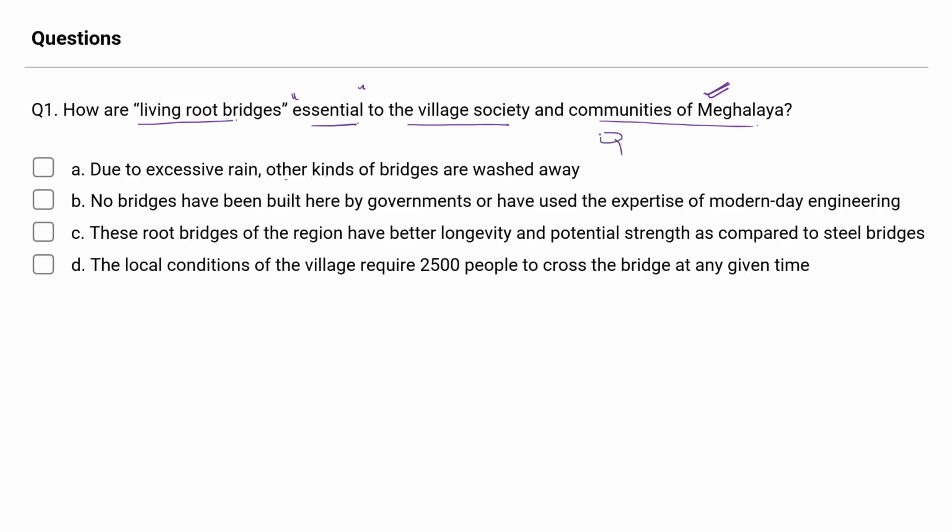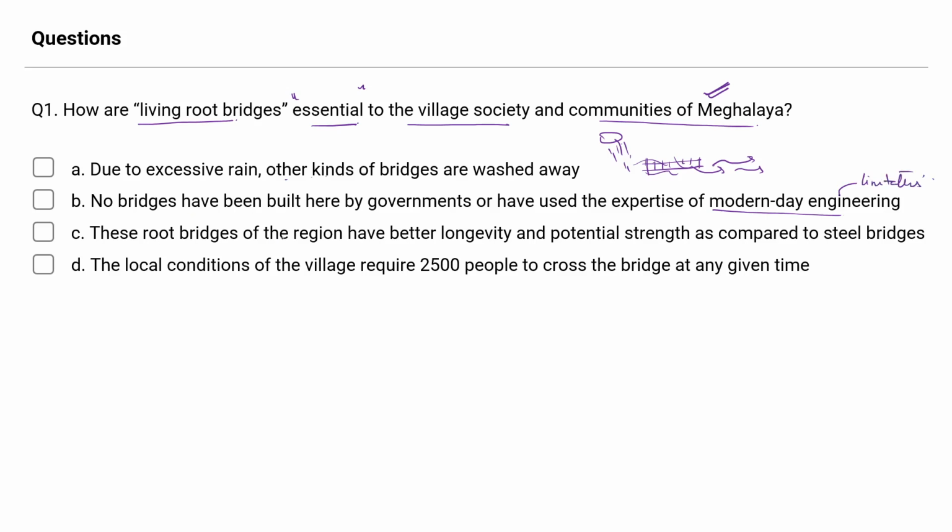Okay, so just imagine there is a rain, and if there is a wooden bridge or something, there will be a huge volume of water and they are washed away. Another option: no bridges have been built here by the government or have used the expertise of modern day engineering. Okay, so that is a limitation which is being mentioned.